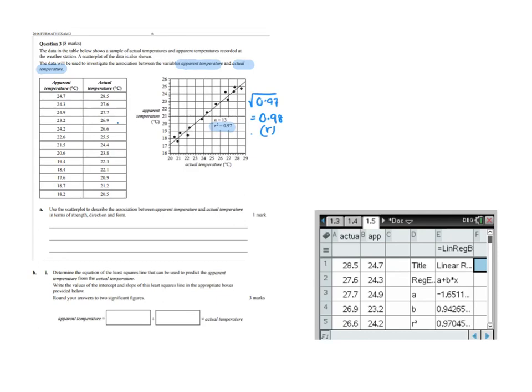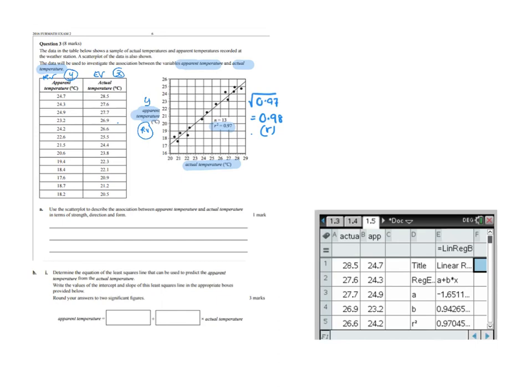Now, they've given you a table of values, but the big trap here is that they've shown you the scatter plot. You can see that apparent is on the y-axis, so it is your response variable. So just be careful, because they've actually put your y here. That's your response variable.